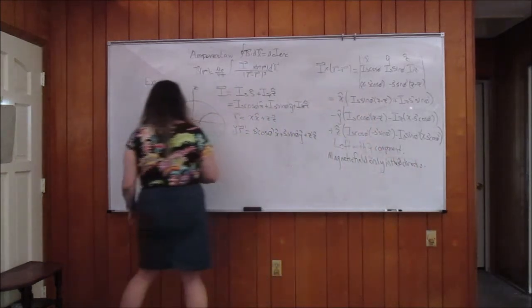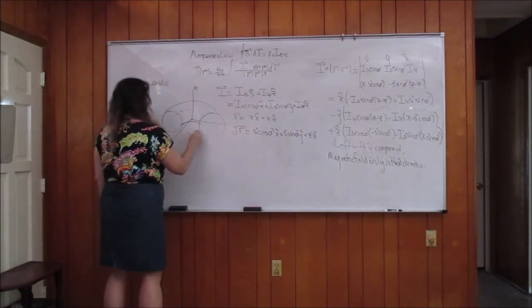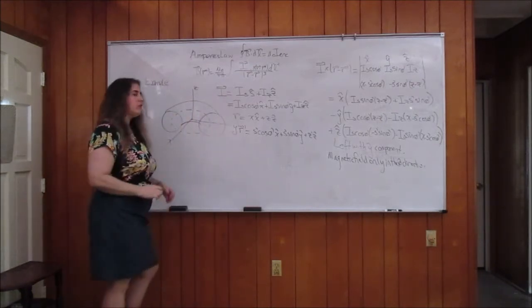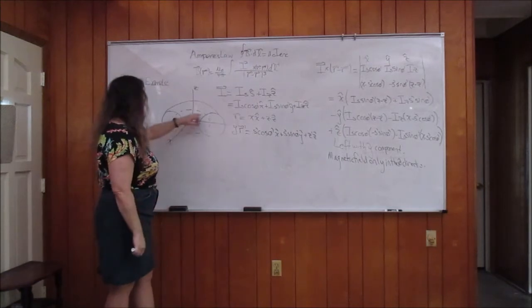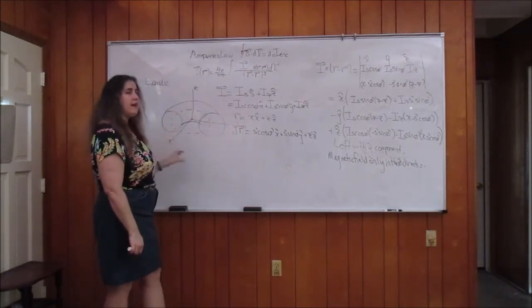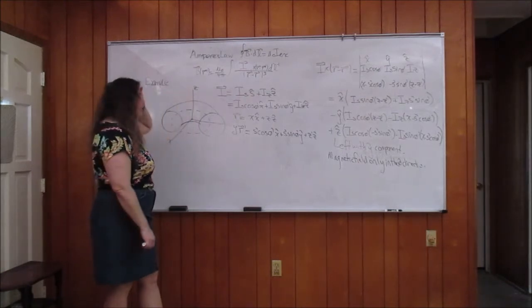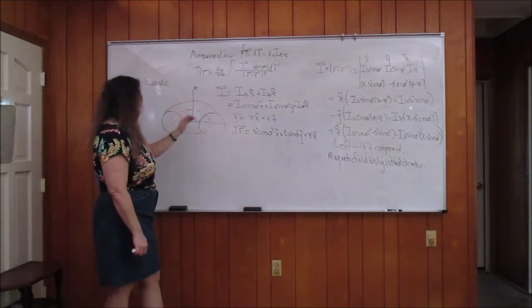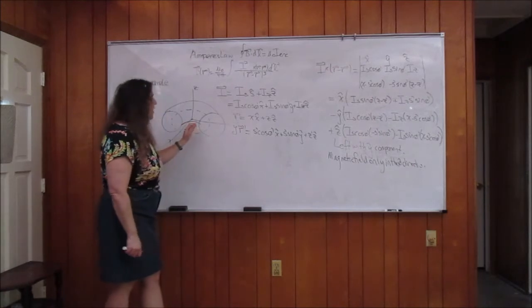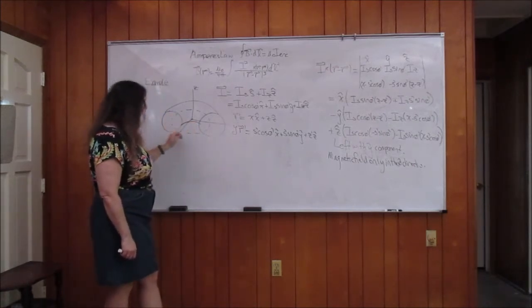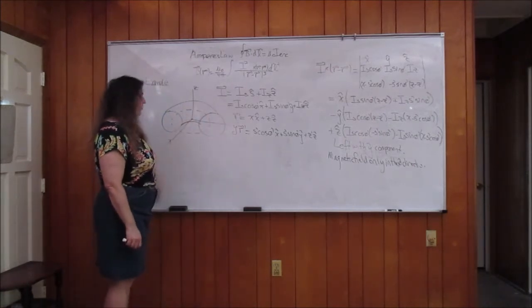So therefore, your Amperian loop will be a circle, concentric, or coaxial, I should say, with the z-axis, and the magnetic field is going to be constant at every point about that circle.